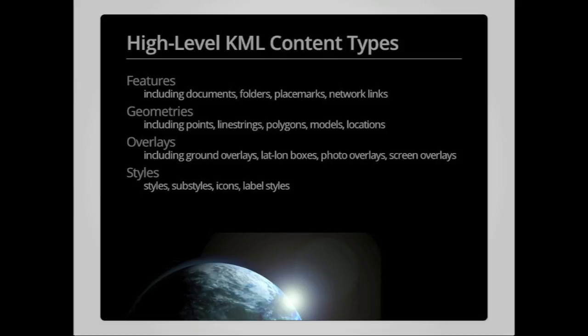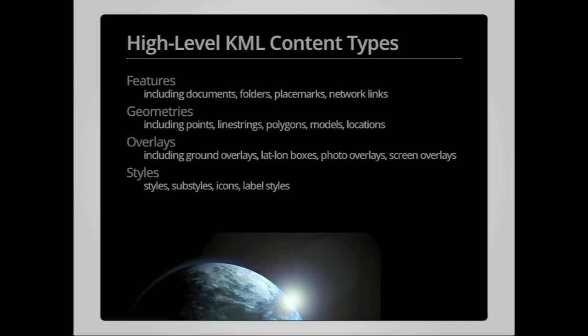So some of the content types that you can put into a KML file include features that might actually generically include other documents, folders, place marks, or links to external resources. Geometries that can consist of individual points or line strings, essentially linear features, polygons, three-dimensional models, or what are termed locations within KML.